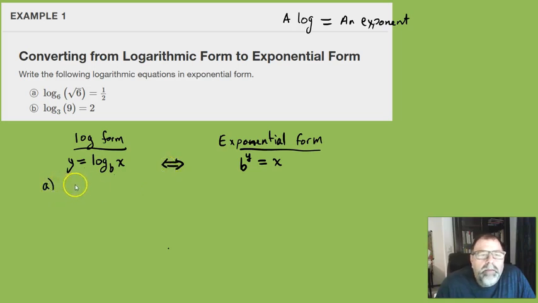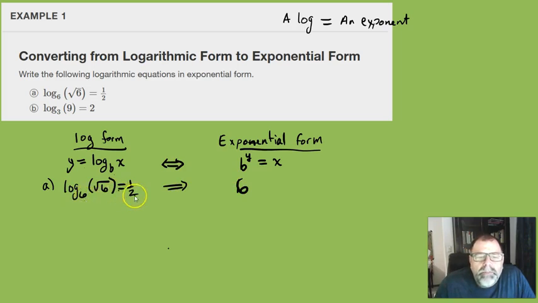So A, if we do log base 6 of square root of 6 is equal to 1/2. The equivalent form, so remember you start with the base, so it's 6.